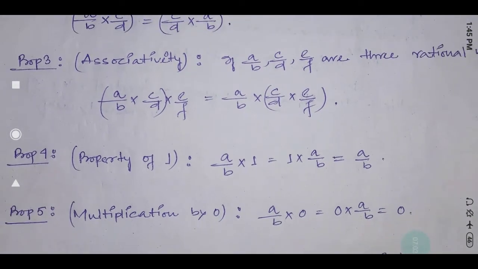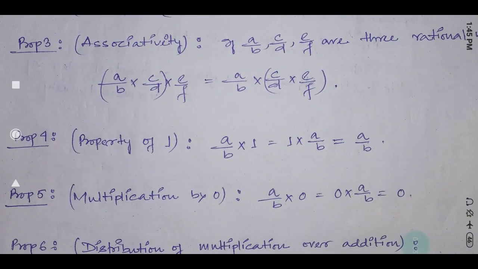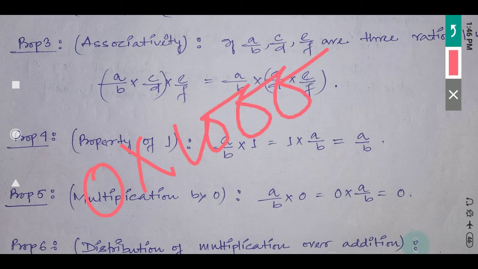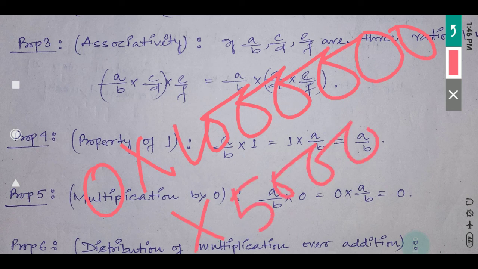Multiplication by 0. That means if you take any rational number and multiply it by 0, what will be your answer? It is called the multiplication by 0. That means with any rational number, if you multiply by 0, it will be 0 only, in any order. Suppose 0 into 1 lakh, like this you have written, into suppose some 5,000.